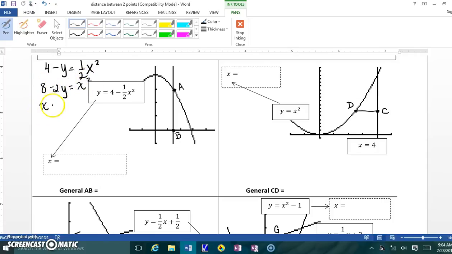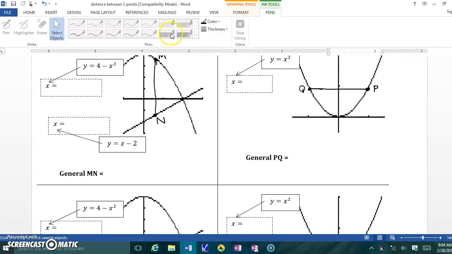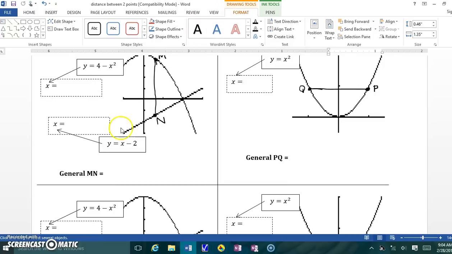And then x equals plus or minus the square root of 8 minus 2y. That will go here. So that's solving for x. Pause the video right now, and solve for x in all these boxes: this box, this box, this box, this box, and also these 2 boxes here.